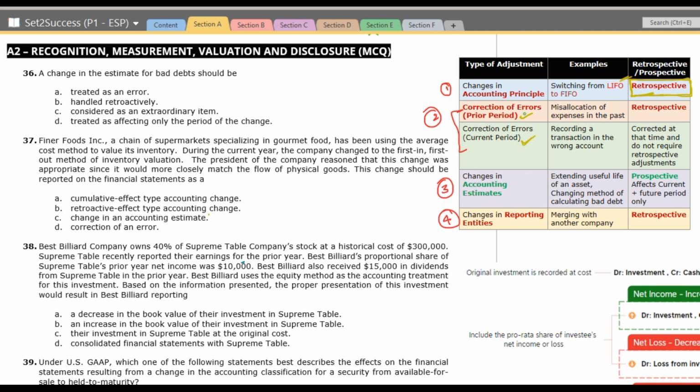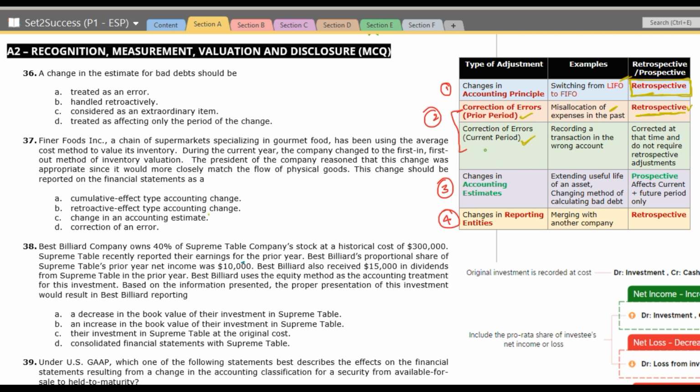If the correction happens in the prior period, you have to go back to your financial statements, and the treatment is retrospective. An example is a misallocation of expenses in the past. So you go back to your financial statements and change it. The treatment is retrospective.